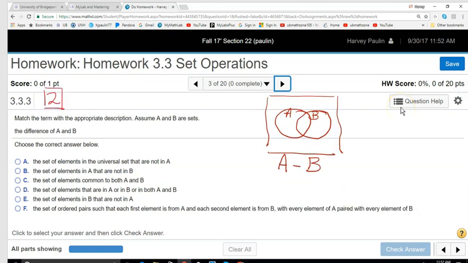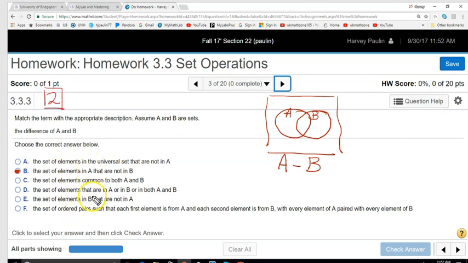And hopefully a diagram helps, our Venn diagram, where they're asking the difference of A and B. So the difference of A and B. And which letter best describes that? Again, we didn't have to go too far down the list, but you need to read them all.